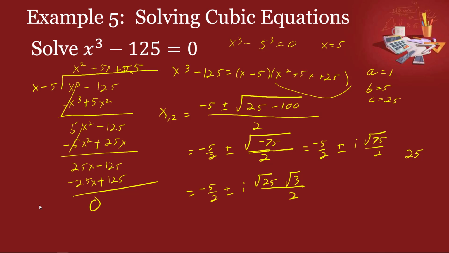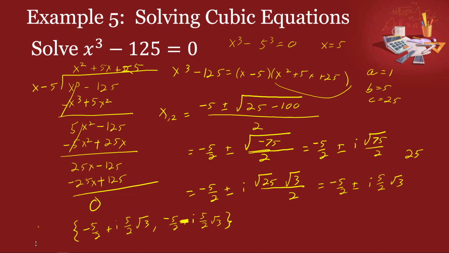Okay, well, the square root of 25 is just 5, and this will give us that x₁,₂ is going to be negative 5/2 plus or minus i times 5/2 times the square root of 3. And therefore, our two solutions will be negative 5/2 plus i times 5/2 root 3, comma, negative 5/2 minus i 5/2 root 3.